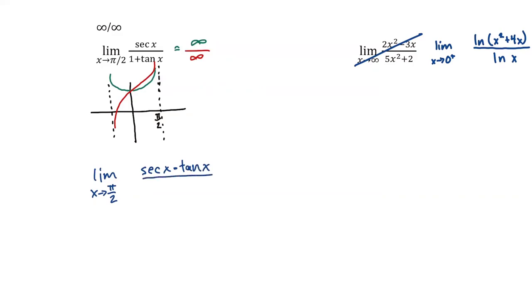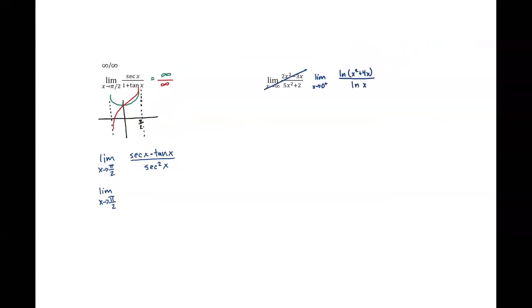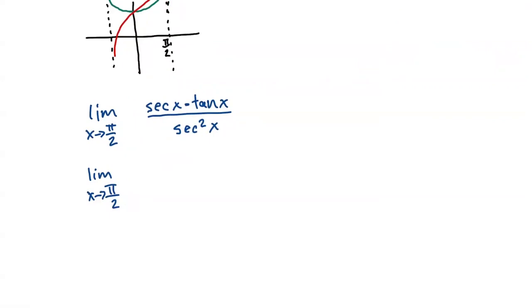And now divide this by the derivative of 1 plus tangent, which is just going to be secant squared of x. Notice here that the secants will cancel, or at least one of them will. So I'm not taking another derivative yet, I'm just cleaning up. So I could write this as tangent of x over secant of x.